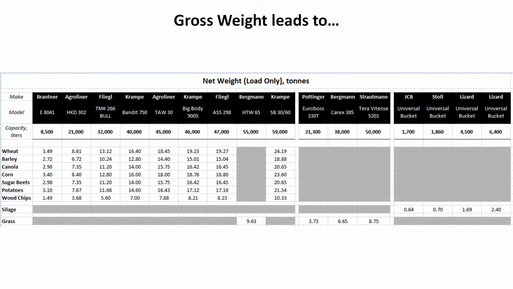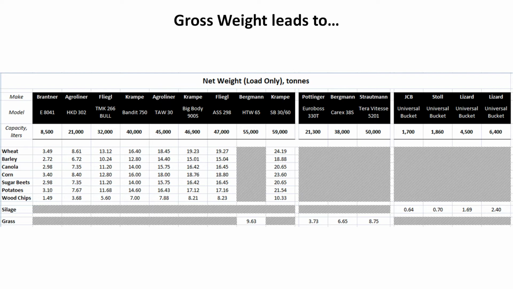If we now come across a mission that says we need 18 tons of corn, we go to the agroliner. Look at this. One agroliner, TAW30, not the smaller HKD. One agroliner load of corn will be 18 tons. Hey, isn't that handy? And I can make a PDF of this and post it. Don't go looking for the link now. We'll get to that later.